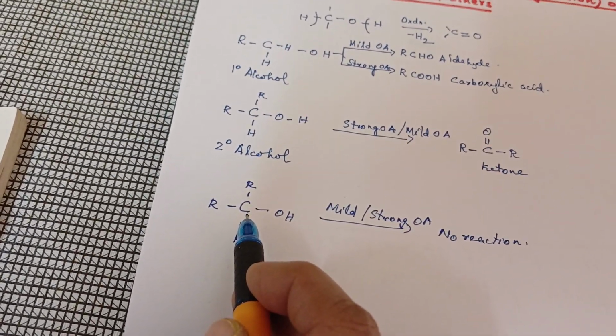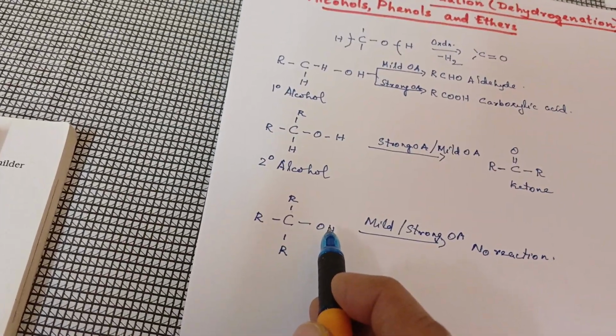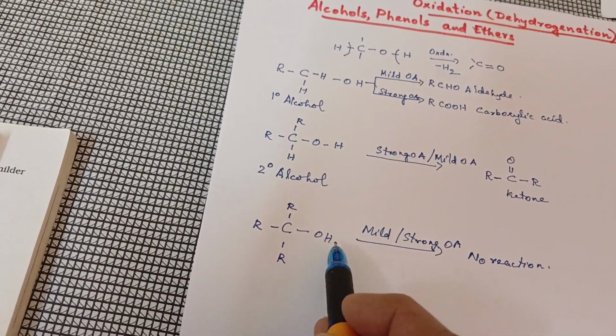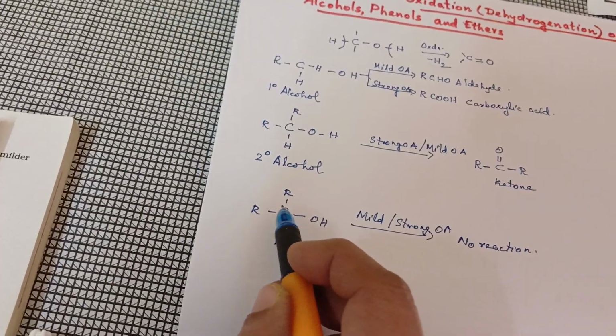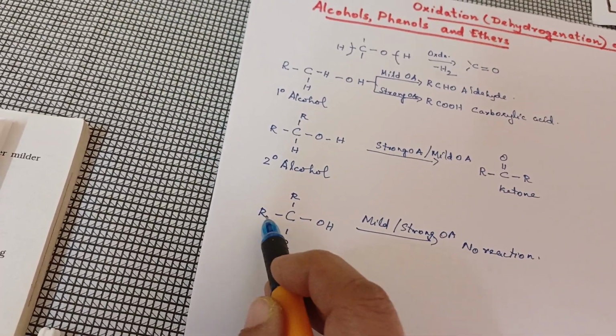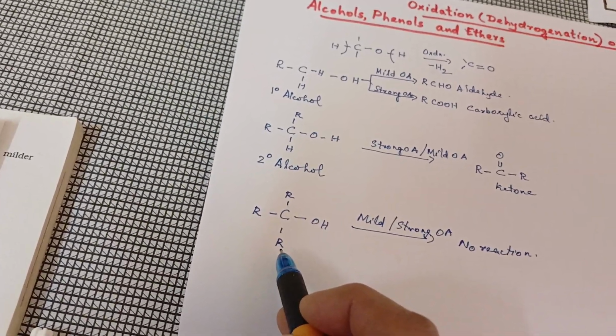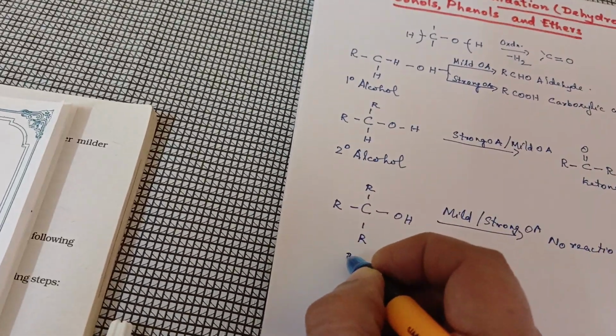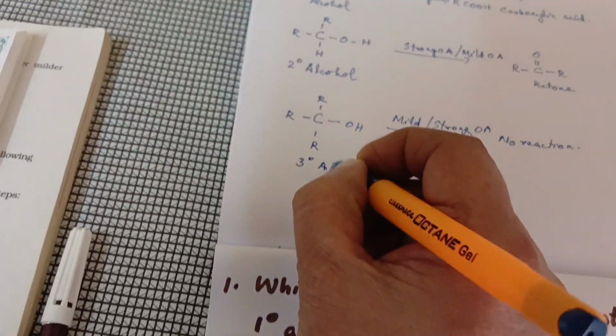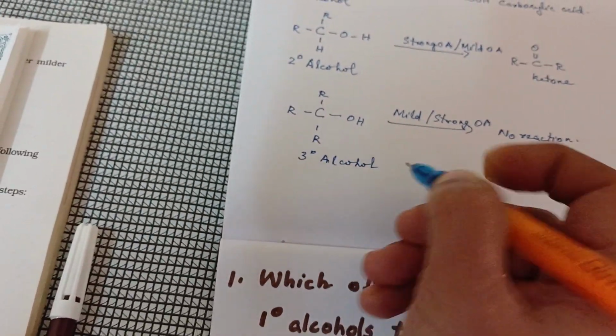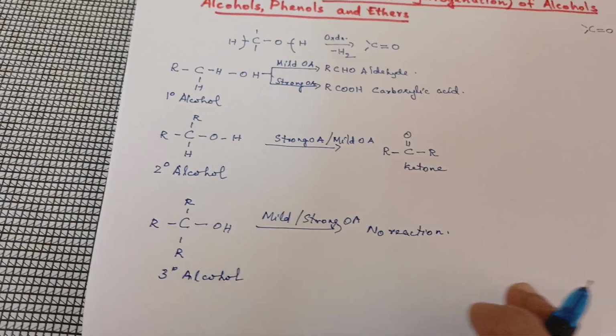This is the carbon having OH on it, that is the alcohol group, but it is not having any hydrogens on it because the other three valencies are occupied by alkyl groups. So this is a tertiary alcohol or 3 degree alcohol. For that there is no reaction.